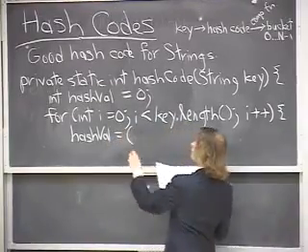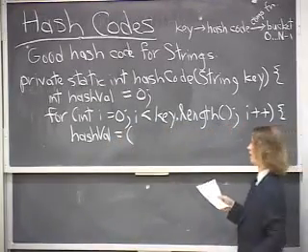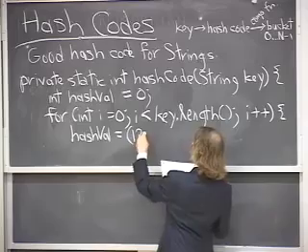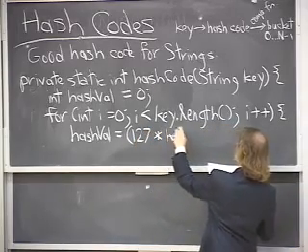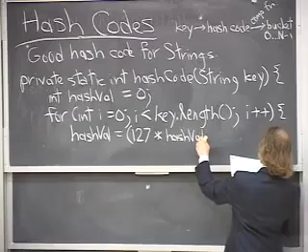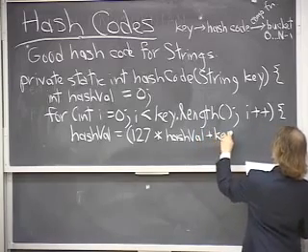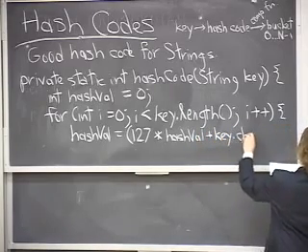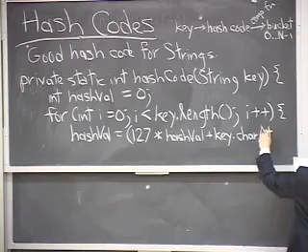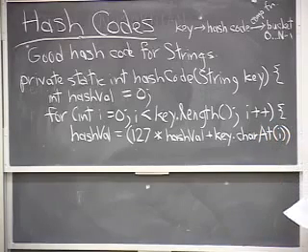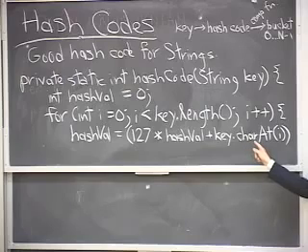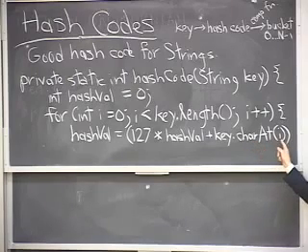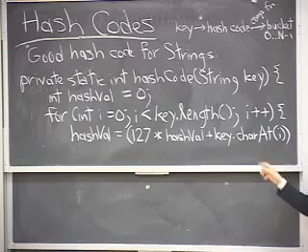So I do my base 127 conversion, which means I multiply the existing value by 127, and then I add in the next digit. charAt is a method that's defined on all strings, and it looks up the character at position i and returns it.